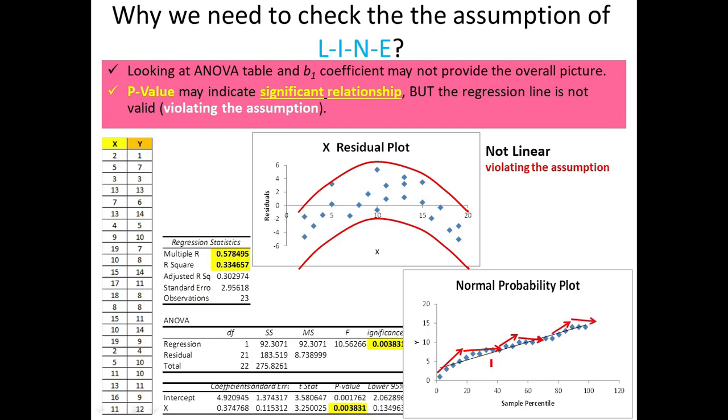So it is not really a straight line. From this we can conclude that this regression data, the X and Y data, violates the regression assumptions. Thus, the regression equation here is not valid to be used.